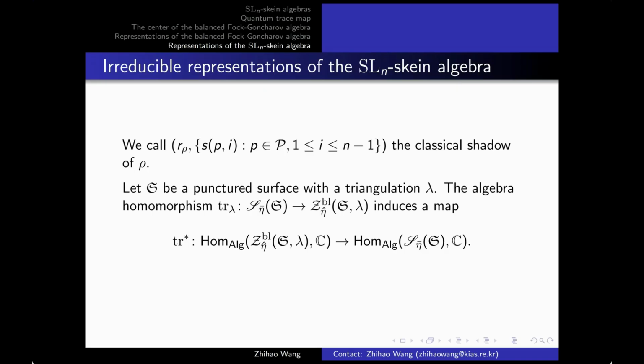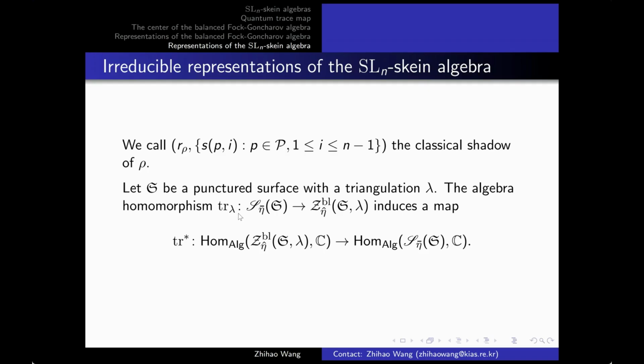But until now, we can only prove something like that if we give some requirement for this R rho, then we can find an irreducible representation of the rho. So now let me introduce what the restriction for this R rho is. Let S be a punctured surface with a triangulation lambda. Then the algebra homomorphism, this is the quantum trace map.